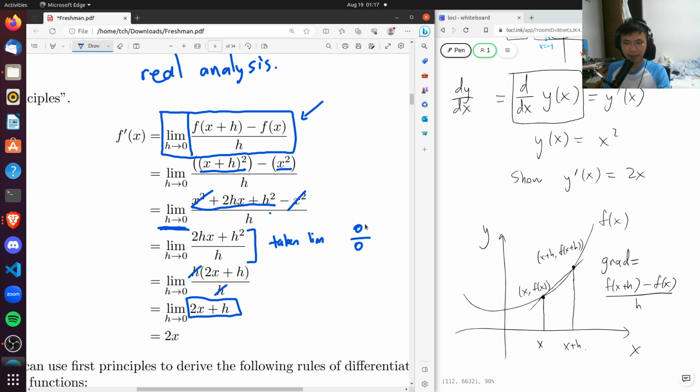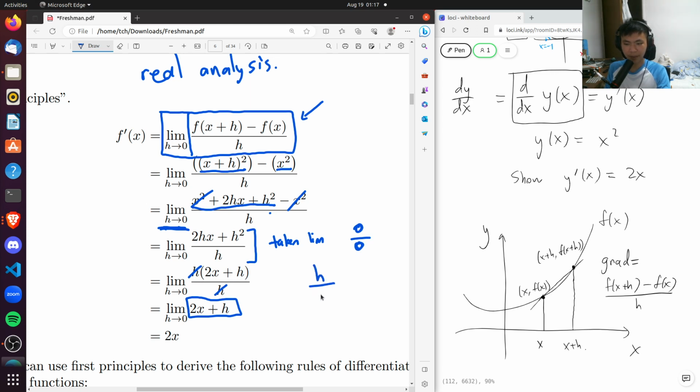And usually when this happens in limits, we need to use L'Hopital's rule. But the key idea over here is that even though the numerator and denominator both approach 0, they actually factorize nicely into h times 2x plus h, over h.